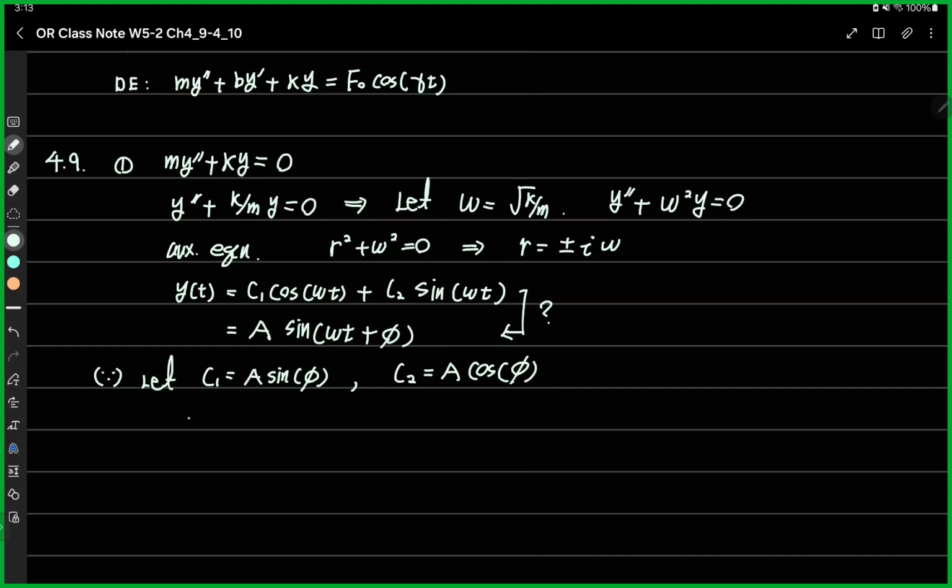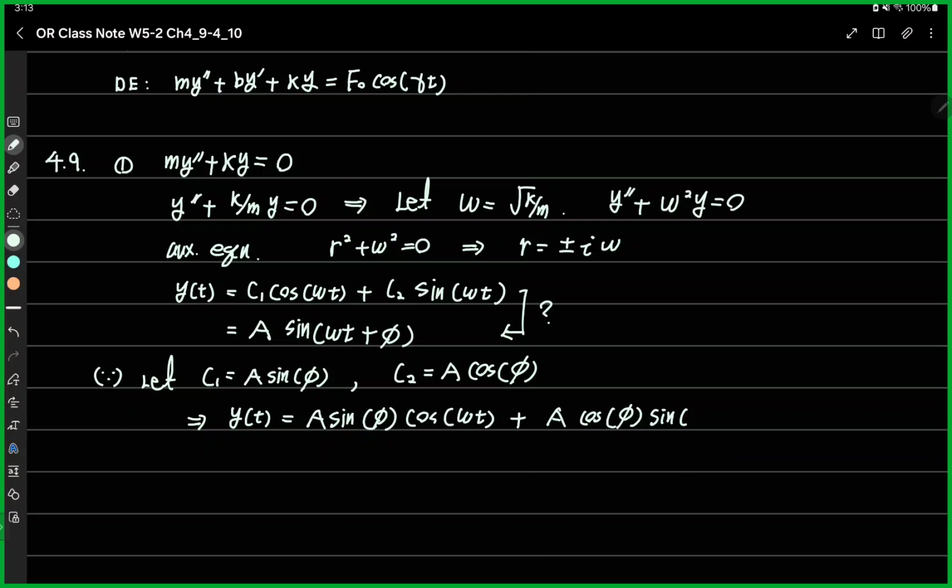Okay. Then y of t is going to be what? A times sine phi and then cosine omega t, plus A times cosine phi and then sine omega t.